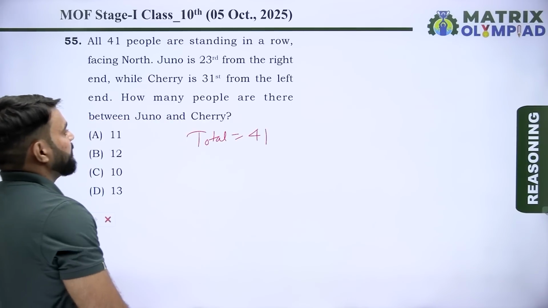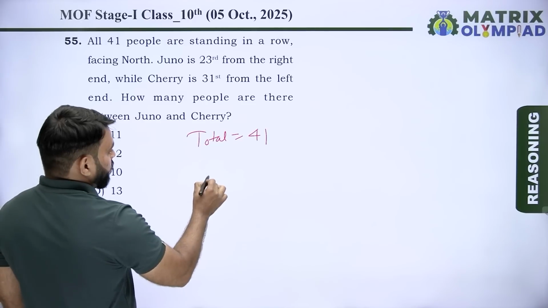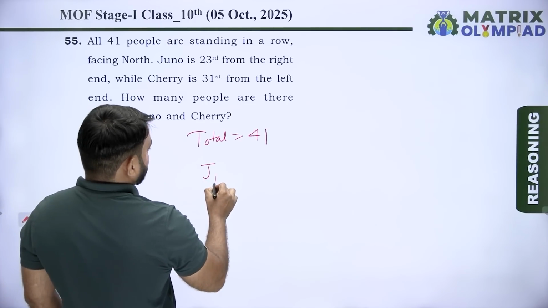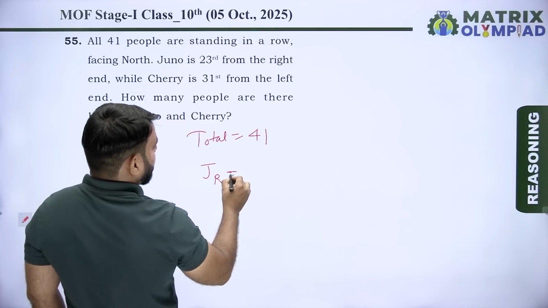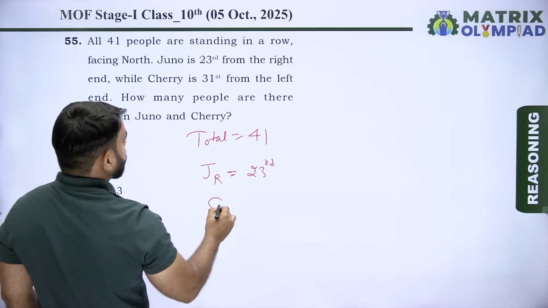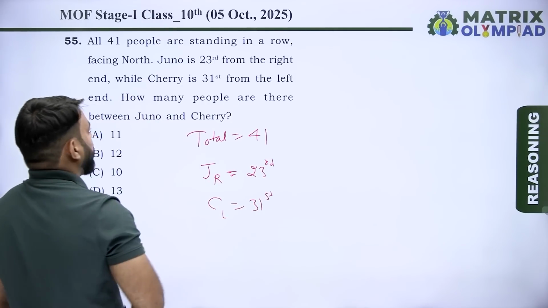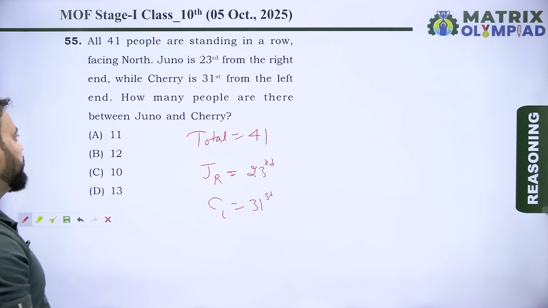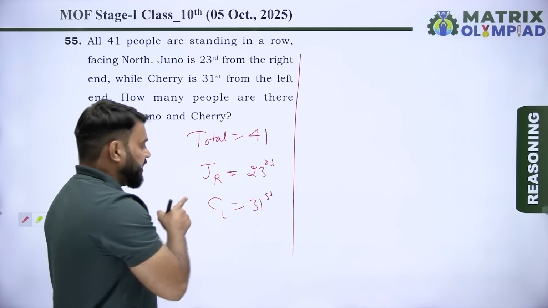Now the position of Juno from the right is 23rd, and the position of Cherry from the left is 31st. So find the number of people in the middle between Cherry and Juno.